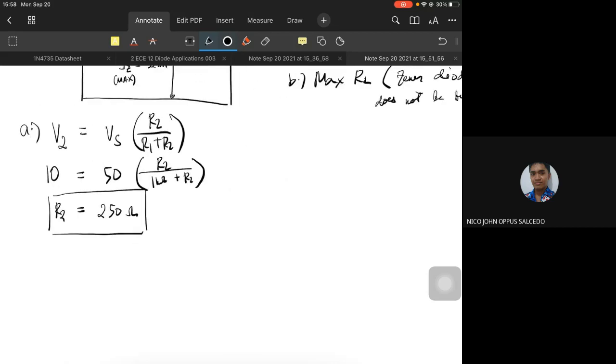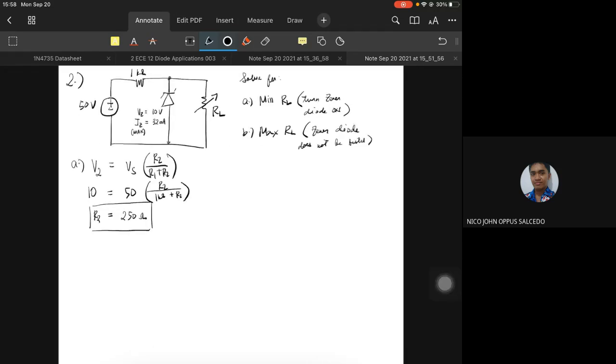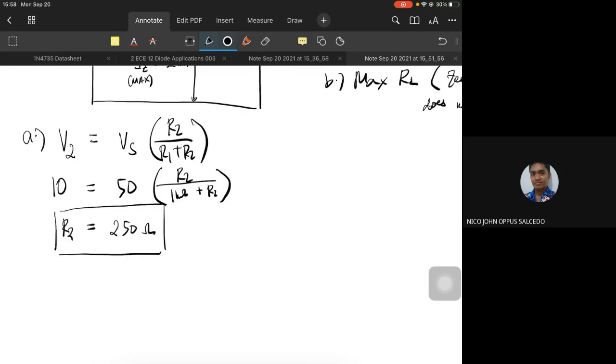So, that is the answer for the minimum value of RL. Meaning, below 250, the voltage across the load will be below 10 volts. Thus, ma-open circuit ang atong Zener diode.